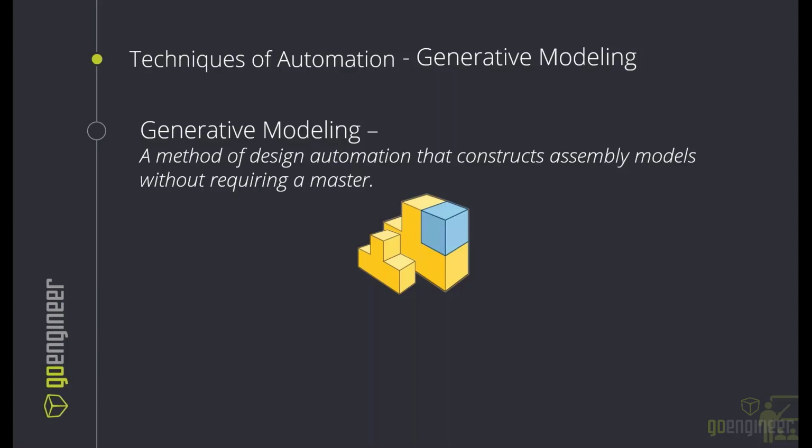What generative modeling allows us to do is, in theory, insert an infinite amount of components that are uncaptured based on rules, inserting components, working very similarly to how a regular design engineer would build a regular model without requiring a master model.